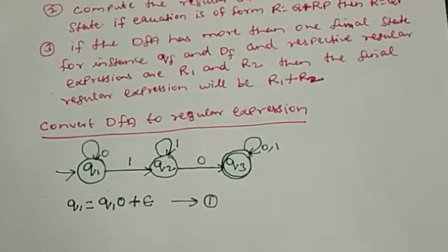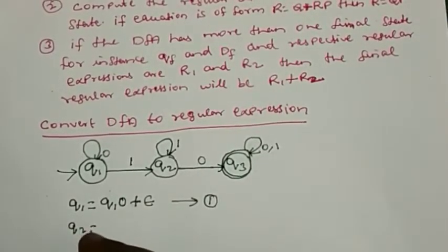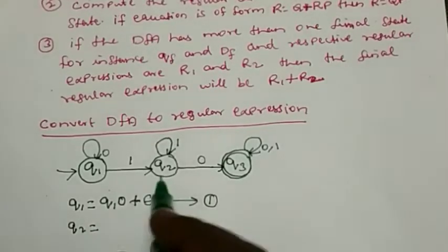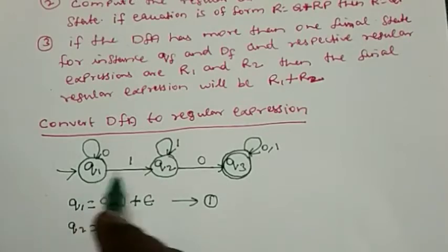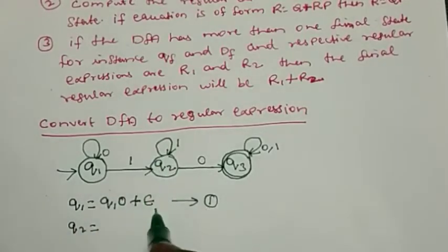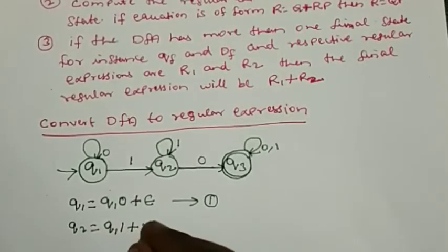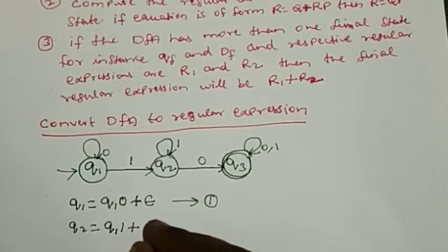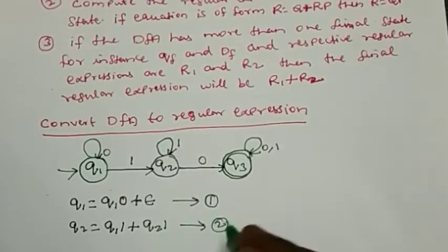Now we will come to the second state, Q2. Q2 has two incoming transitions, one from Q1 and another from Q2 itself. So we take Q1 1 plus Q2 1, and this is equation number 2.